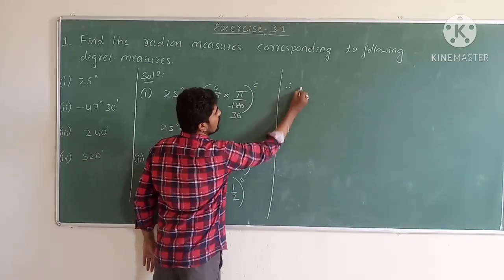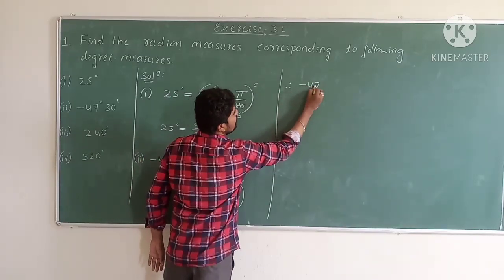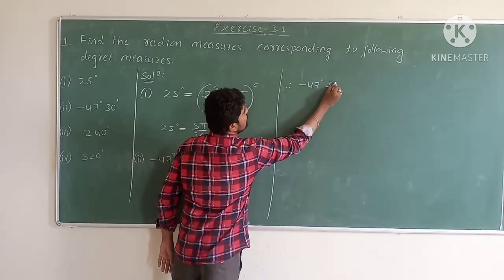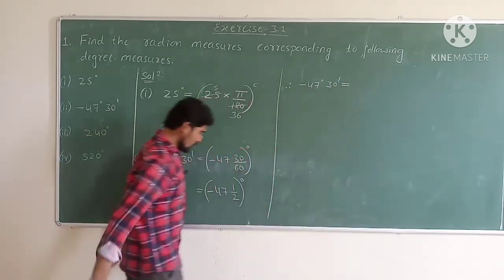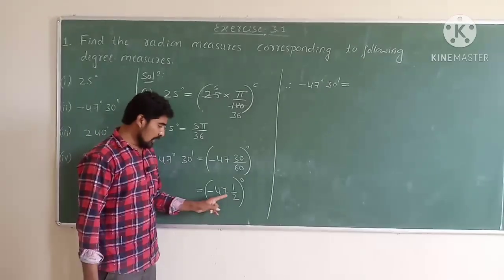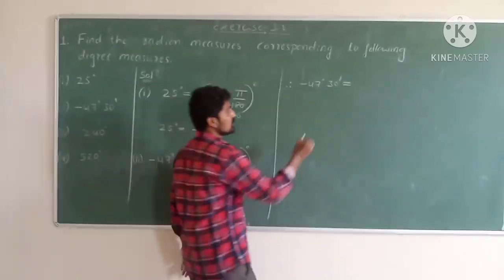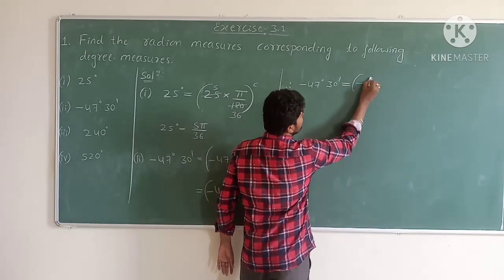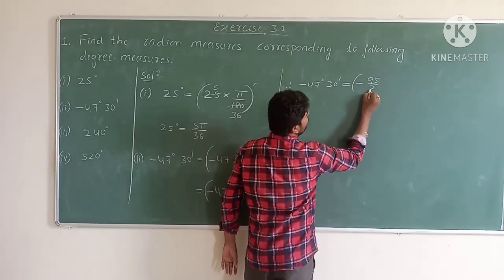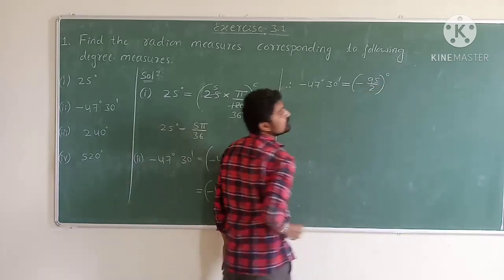Therefore minus 47 degrees 30 minutes is equal to, as it is negative, minus 95 divided by 2 degrees.